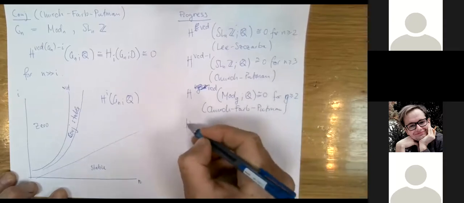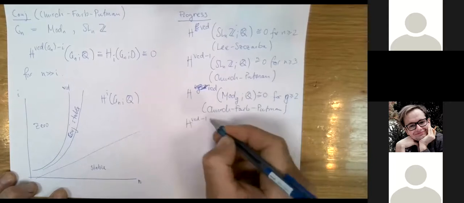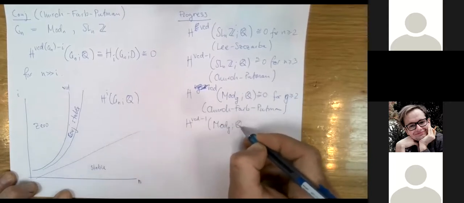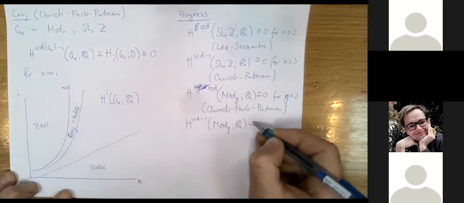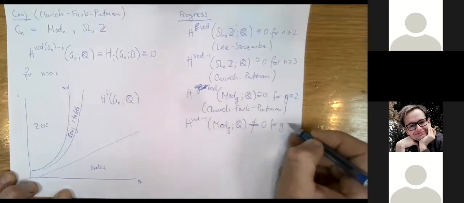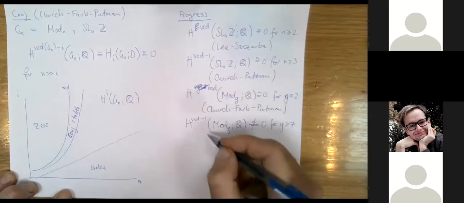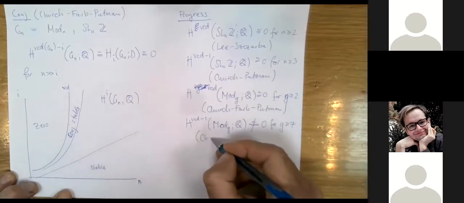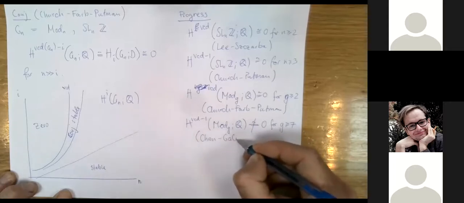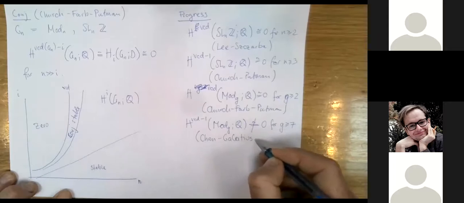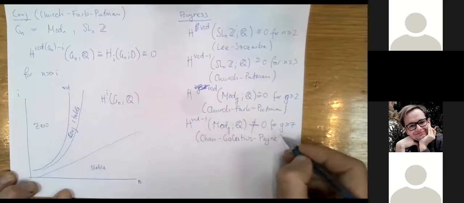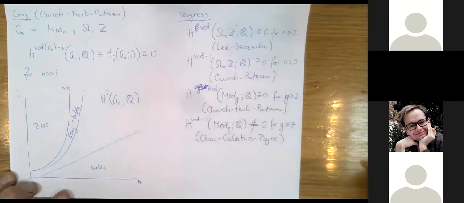But in codimension 1, this is not 0 when g is at least 7, and this is a result by Chan, Galatius, and Payne, which Søren Galatius will talk about in the mornings of the next days.